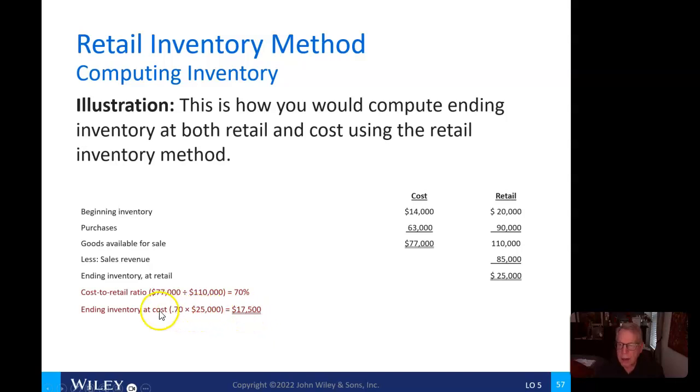We got the cost ratio by taking this $77,000 as a percentage of this $110,000, and that gave us 70%. 70% then times $25,000 is going to give us our estimated inventory at cost, or $17,500.